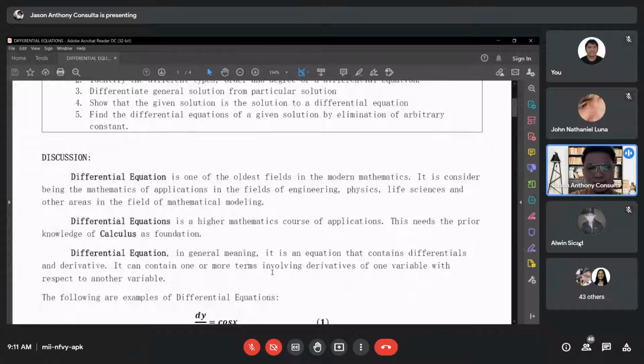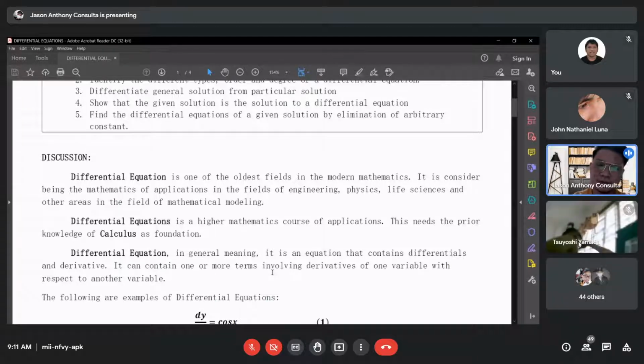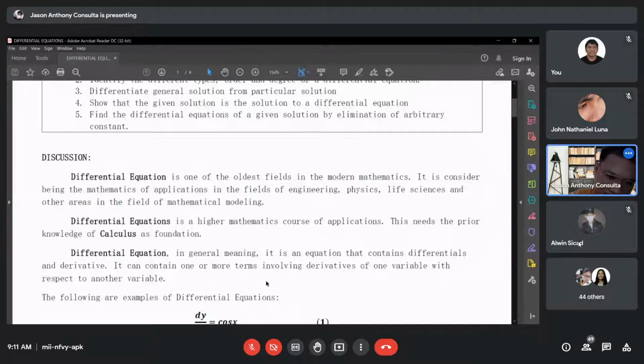So, in general meaning, it is an equation that contains differentials and derivatives. Okay? Sa differential calculus. It can contain one or more terms involving derivatives of one variable with respect to the other variable. Okay, eto.